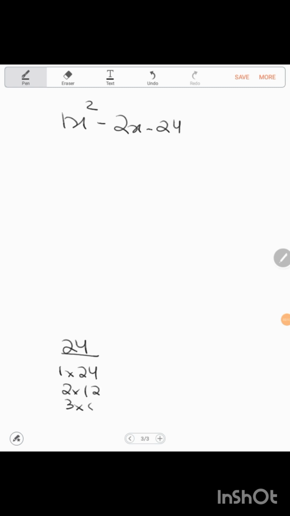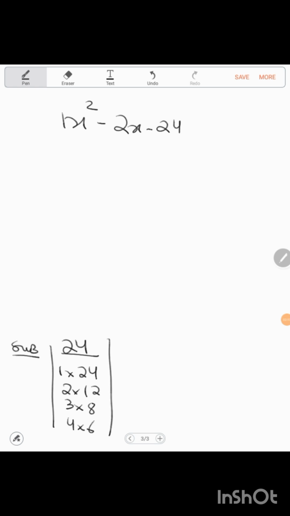Now for instance, if you have x square minus 2x minus 24. Okay, so the coefficient is 1. So factors of 24: 1 into 24, 2 into 12, 3 into 8, and 4 into 6.